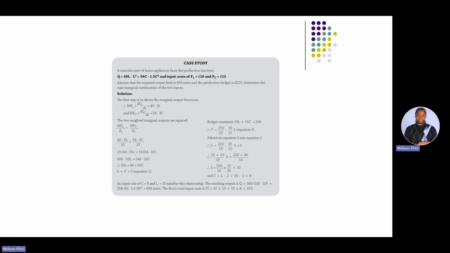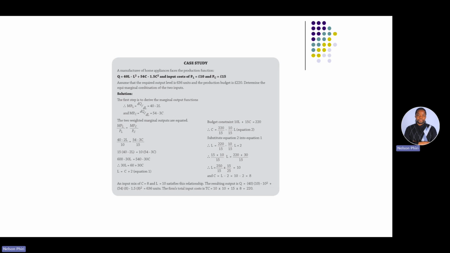Then you divide the MPL by the price of labor, then you divide the marginal productivity of capital by the price of capital, which is 15. You end up with an equation which simplifies to L is equal to C plus 2. Then this becomes equation 1.